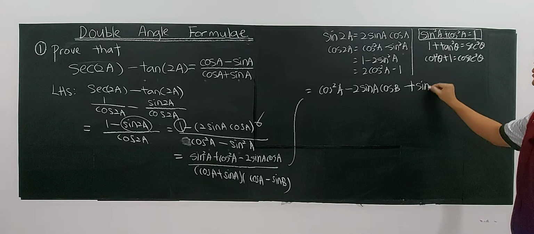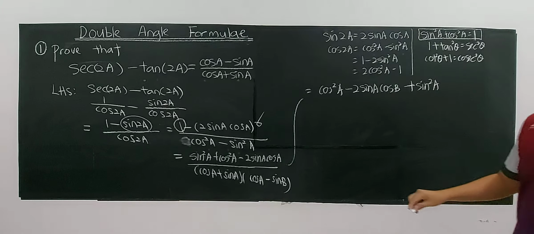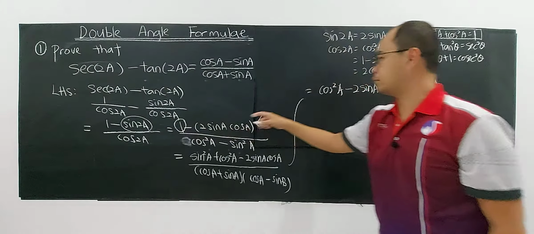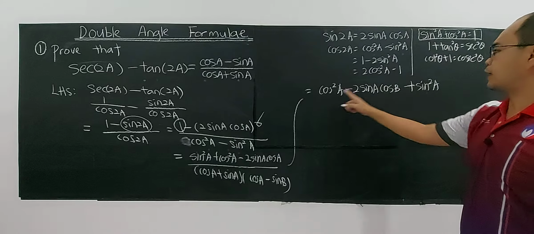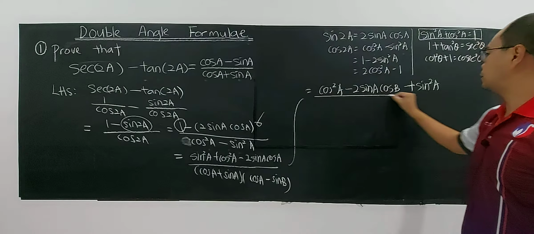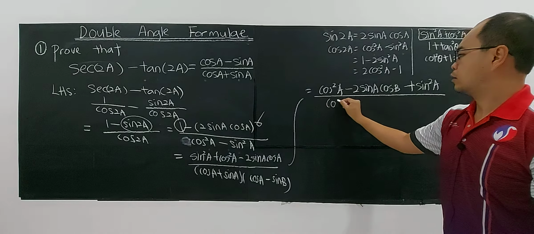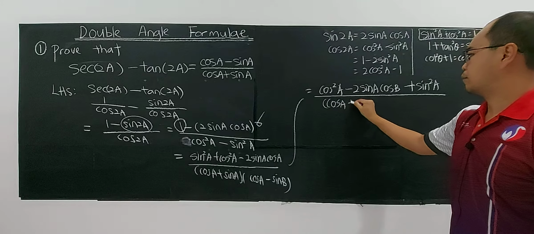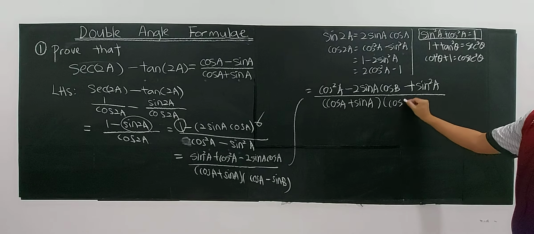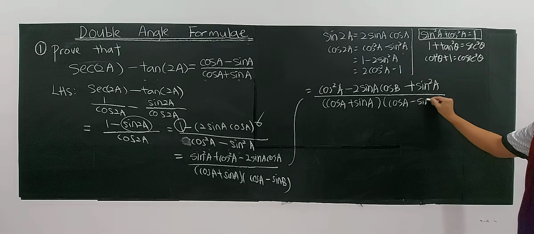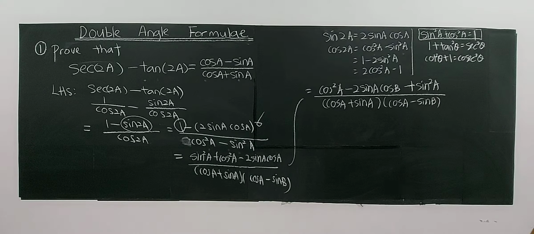So you see, I make the 1 become sine square plus cos square. Because these two add up, you will get 1 also. So divided by cos A plus sine A, cos A minus sine A.